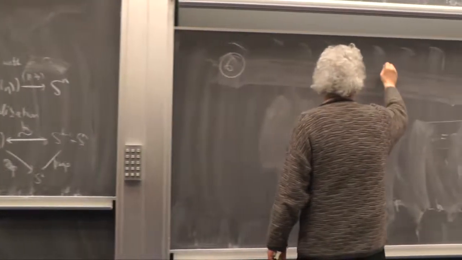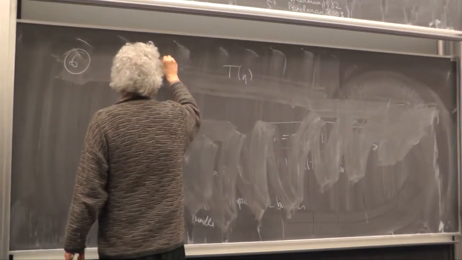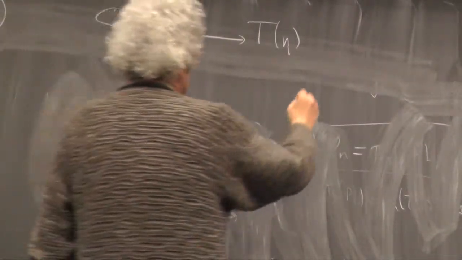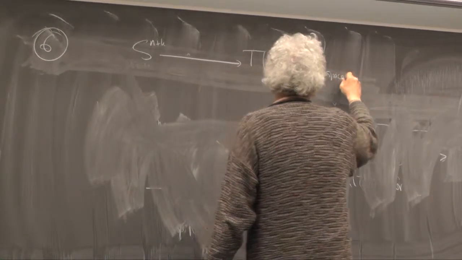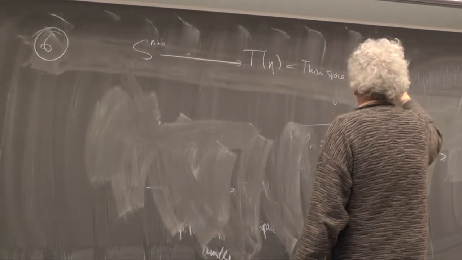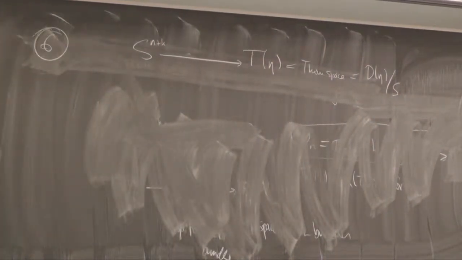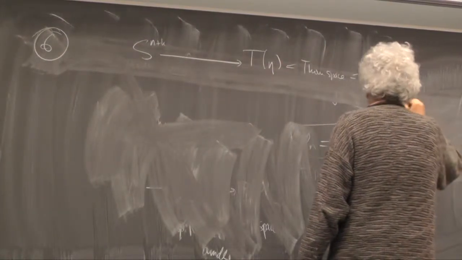So what I want to write is this. This is the Thom space. Call this the disk. Just the quotient space.